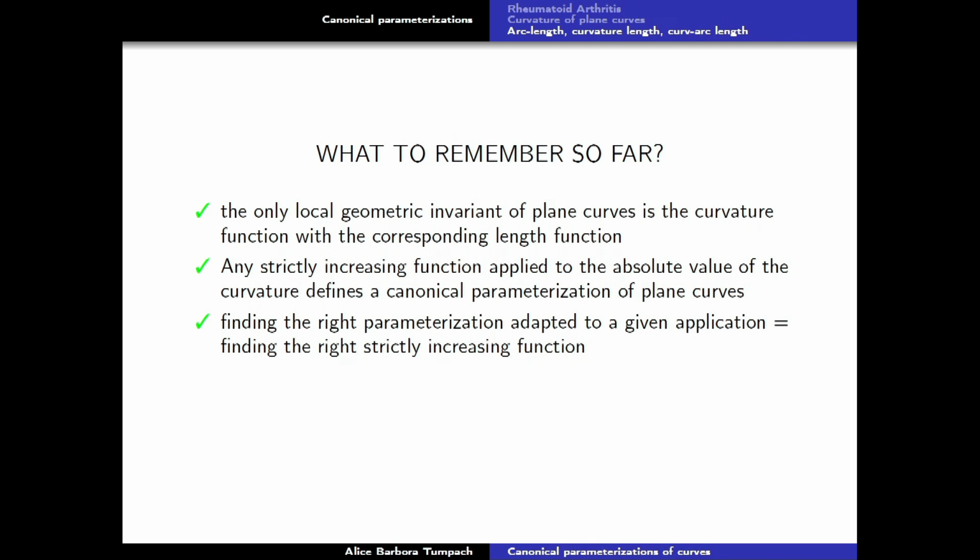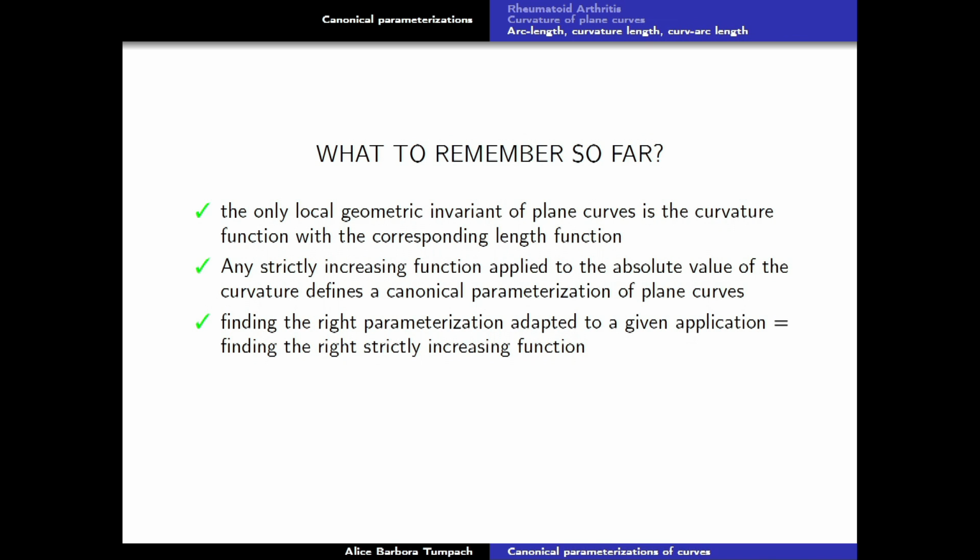Any strictly increasing function applied to the absolute value of the curvature defines a canonical parameterization. So you can do exactly the same as I did. You fix an increasing function, you put as input the absolute value of the curvature, and you will get automatically a diffeomorphism that you can apply to your curve and have a special canonical parameterization.